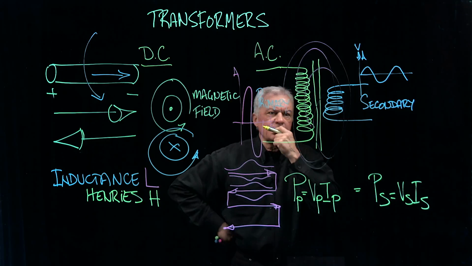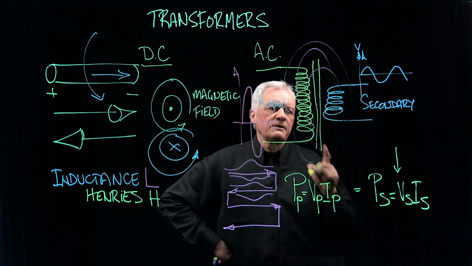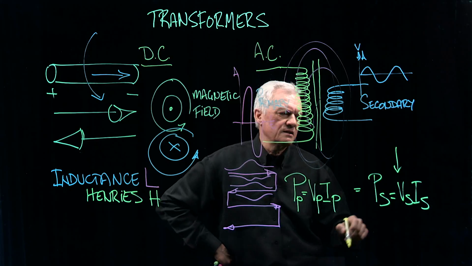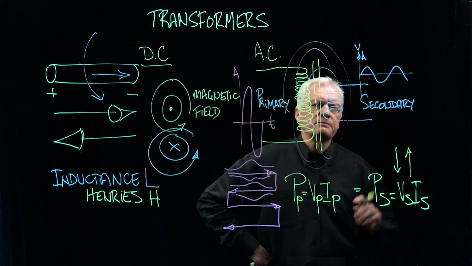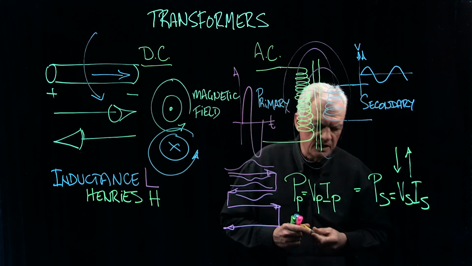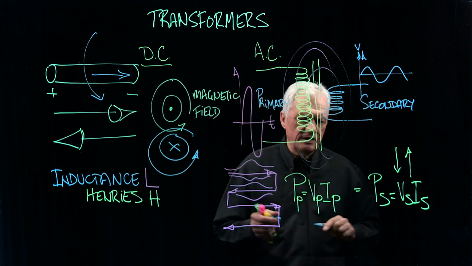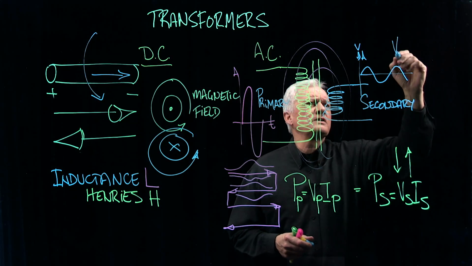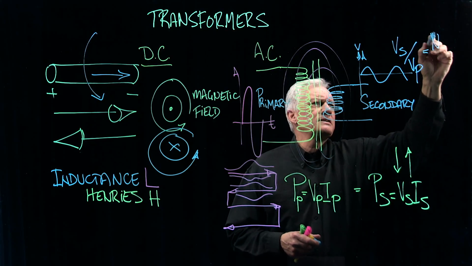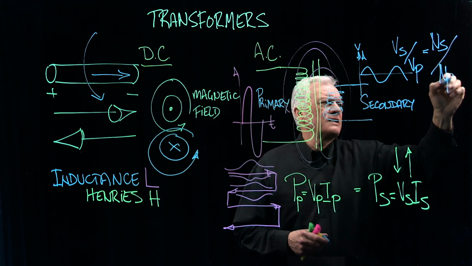Now, here's an interesting thing. If I use this configuration here, my voltage will go down. If my voltage goes down and this side power has to equal this side power, primary has to equal secondary, what's going to happen is my current will go up to compensate. Power in the secondary, power in the primary have to be the same, which is an interesting thing now because if we look at the voltage in our secondary and we divide that by the voltage in the primary, it's the same as saying that you had the secondary turns ratio divided by the primary.